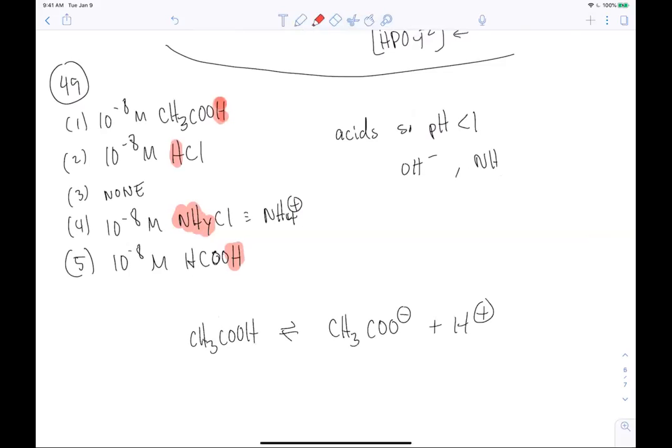So this equation is charge balanced because the sum of the charges on this side, minus 1 plus 1, is 0. And the sum of the charges on this side, which is just 0, is 0. That's what charge balance is. I'd have to look at the specific question, but that's usually what people mean: the sum of the charges on the left and right hand of the equation should be equal.